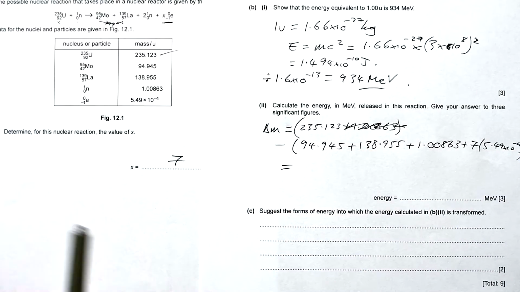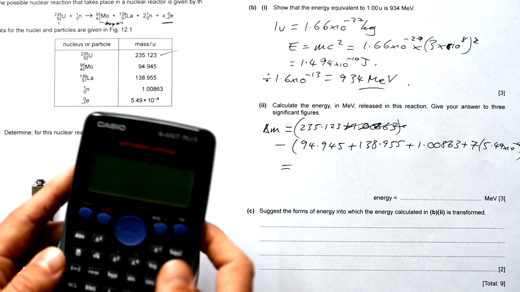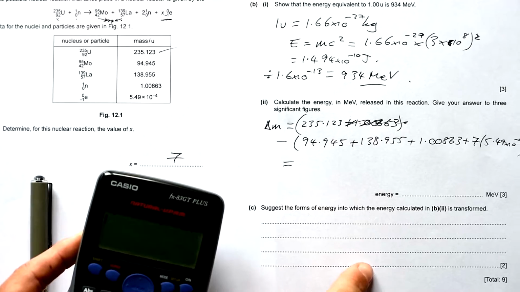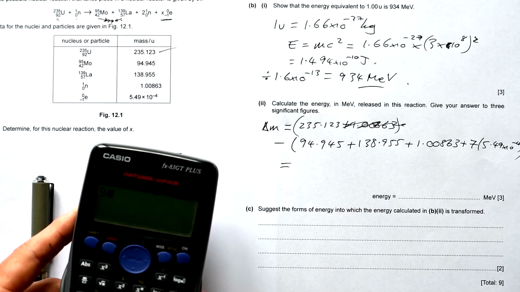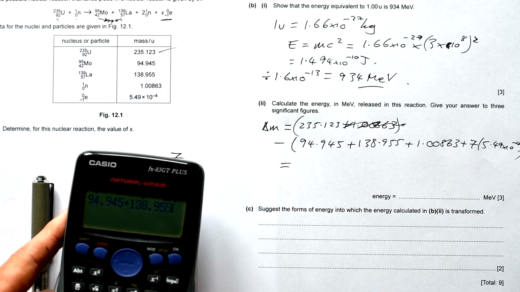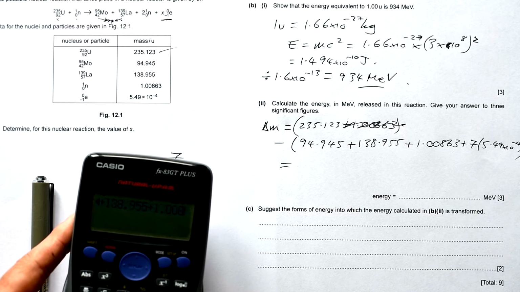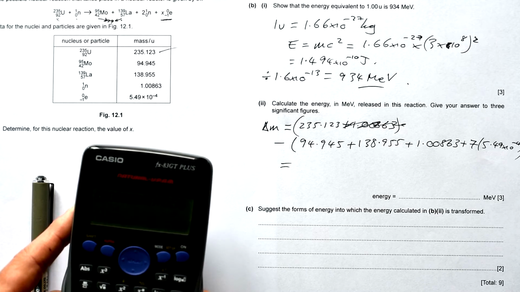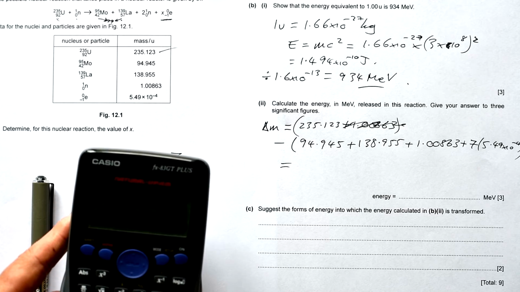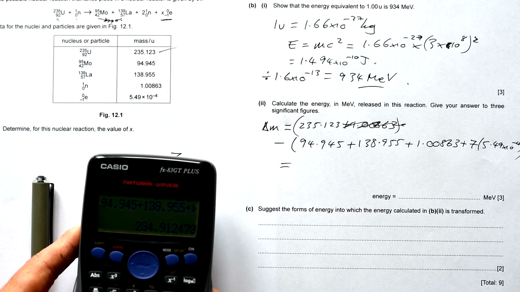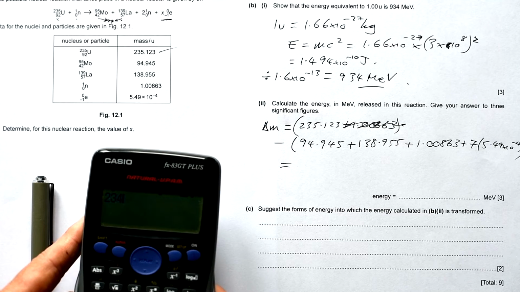Okay, big calculation. You don't want to mess it up putting it into your calculator. So here we go. Tell you what, let's just do this side first. So 94.945 plus 138.955 plus 1.00863 plus 7 lots of 5.49 times 10 to the minus 4. That gives us 234.9, but then we need to do 235.123.